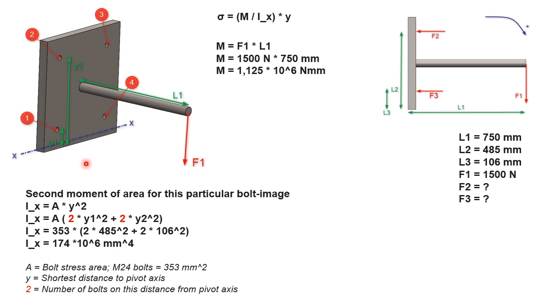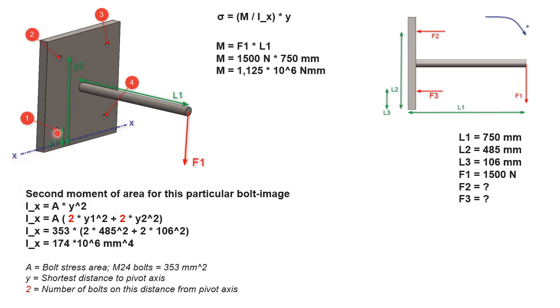To calculate the stress in the area up here, I come up with this formula again. Sigma equals moment divided by second moment of area, multiplied by y. First, I calculate the moment, F1 multiplied by L1. Secondly, and this is what's important now, I calculate the second moment of area for this particular bolt image.